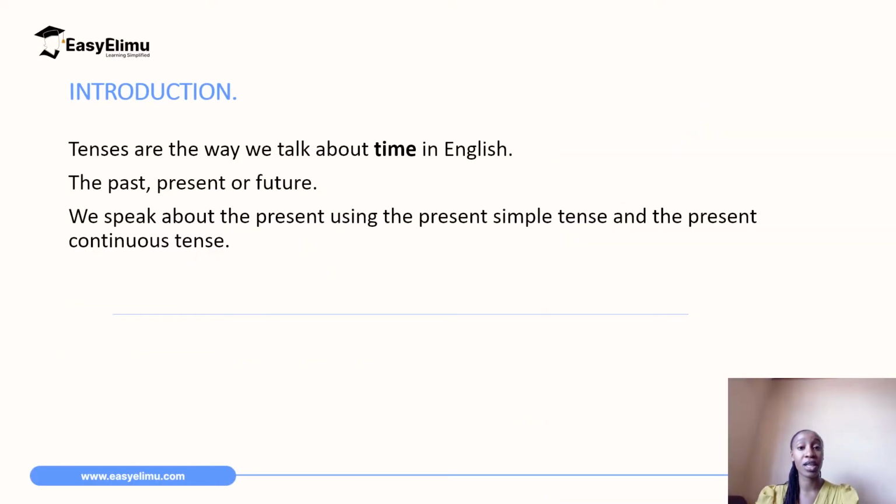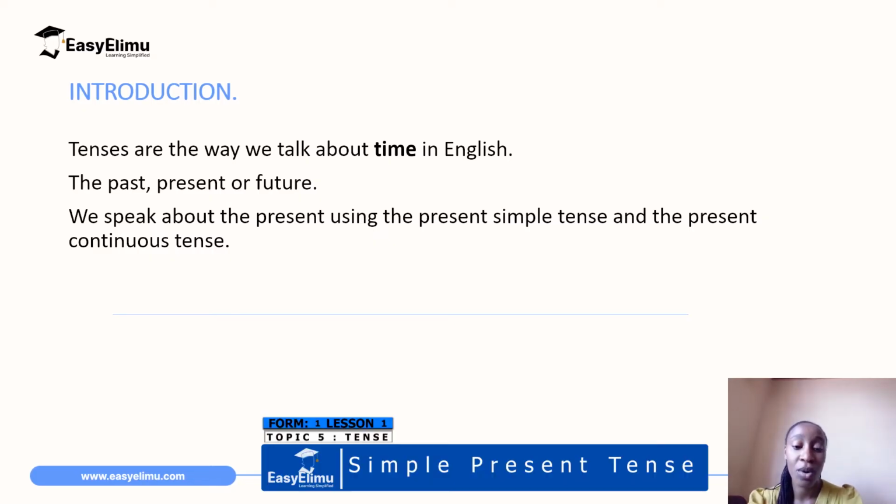So before we begin, it's important to define what we mean when we say tense. Simply, when we are talking about tense, it is how we talk about time in English. Now, at the bottom of your screen, you can see a straight line. I'm going to use that line to illustrate what I mean when I say time.